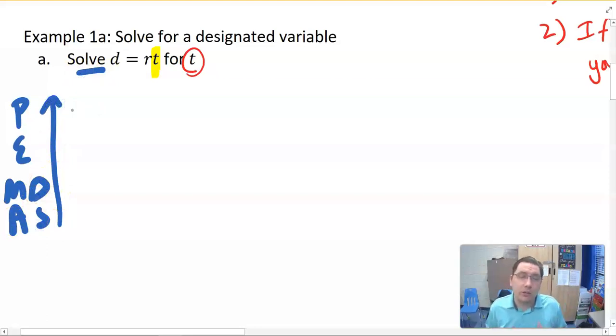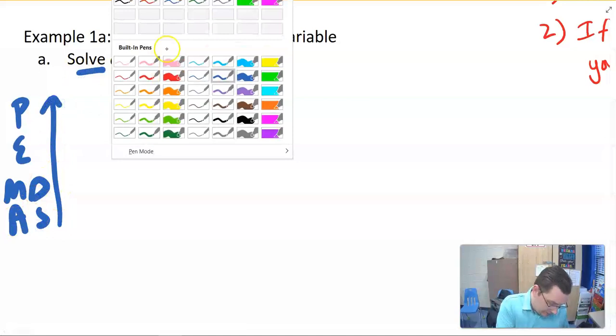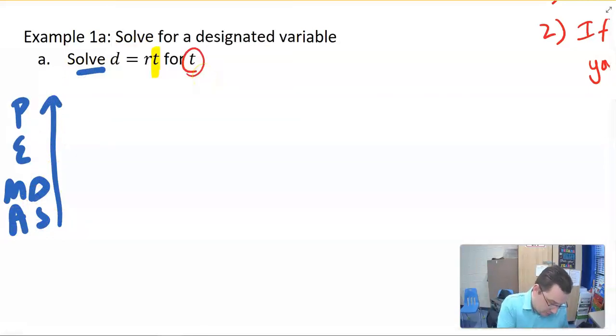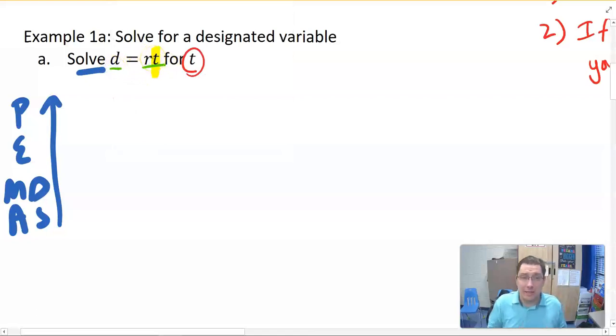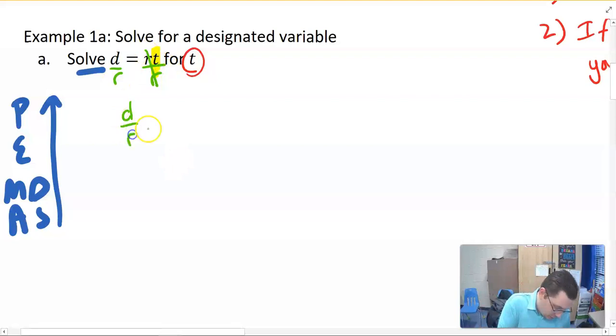And so I'm going to undo whatever is attached to that variable. In this case, I'm going to divide both sides because r is multiplied to t. So we're undoing multiplication by division. Divide both sides by r. The r's over here cancel because r divided by r is 1. And so d over r is equal to t.